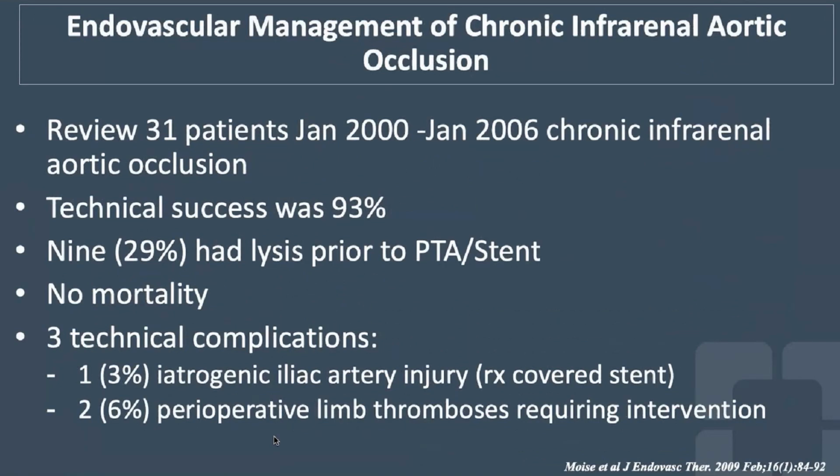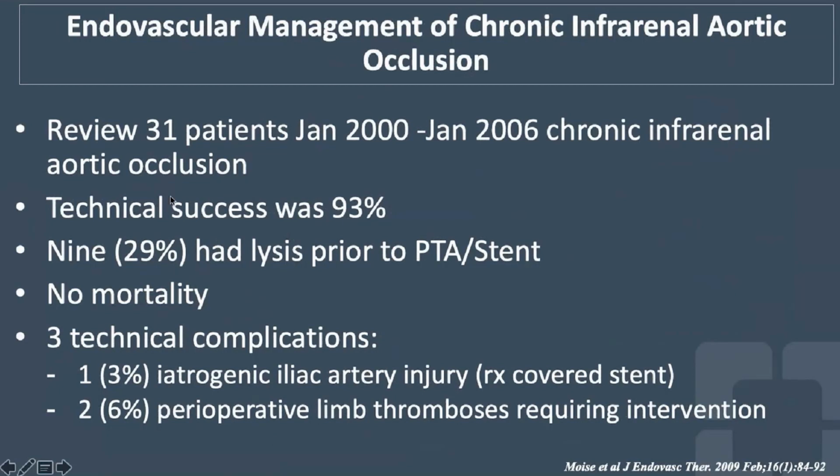This has even been looked at for chronic total occlusions of the infrarenal abdominal aorta. In 2009, there was a paper out of the Cleveland Clinic as well, showing technical success in managing chronic infrarenal total aortic occlusion was 93%.